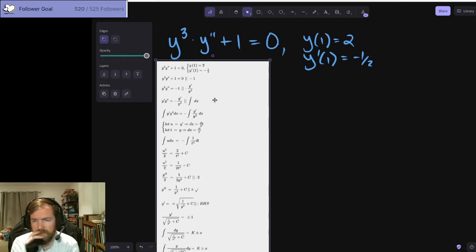Right. Yeah. Derive or take the antiderivative of both sides after multiplying both sides by y prime. Fair enough.